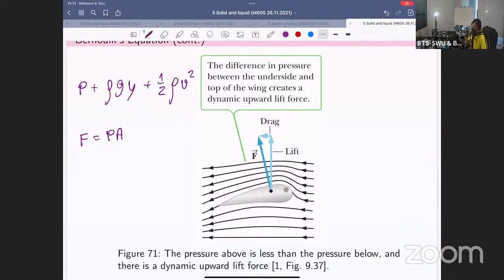There is a tiny amount of force that tries to obstruct the wing, obstruct the airplane to move. This is the drag force. And the combination of the drag force and the lift force gives you the total force, which is vector F here. That's the actual force structure that takes place in reality.